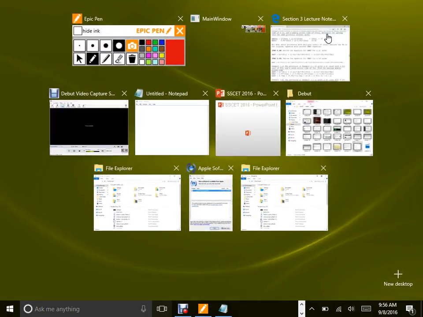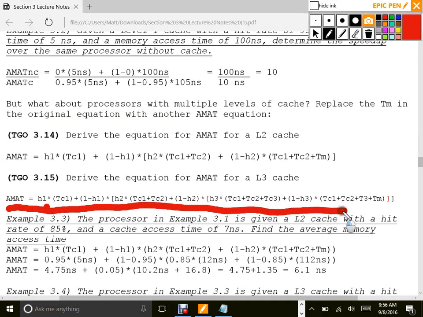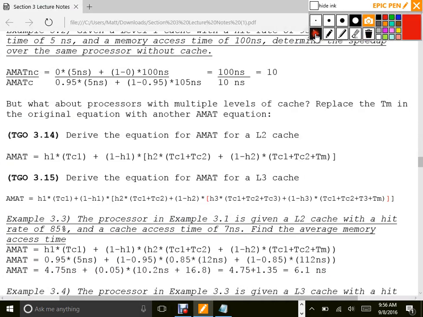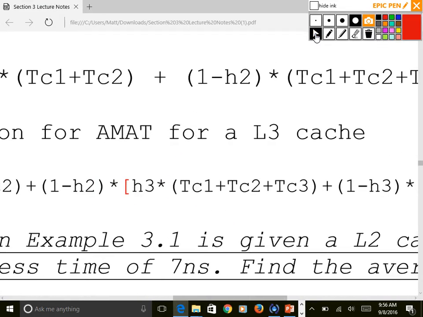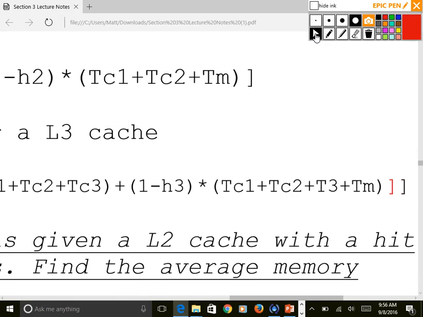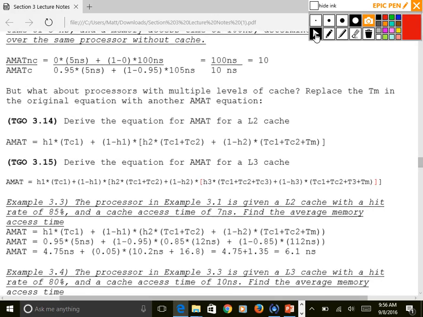And you can see here, for those of you watching the video, I added the red bracket there specifically so you can see where we just changed the equation.